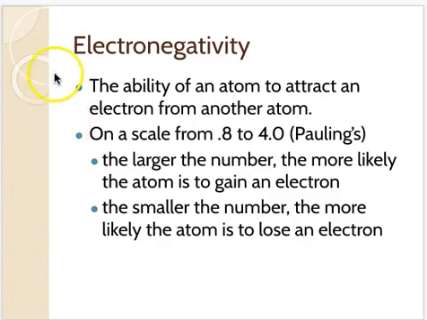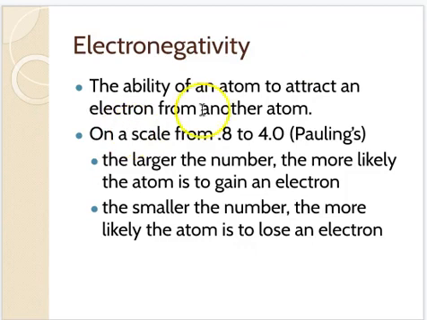Electronegativity. So this is thinking of not pulling an electron away, but how likely an atom is, or its ability, to attract an electron. So this actually has a numerical scale, and it goes from 0.8 to 4.0 on the Pauling scale. There's a couple different scales that are used. We're going to use Pauling's.